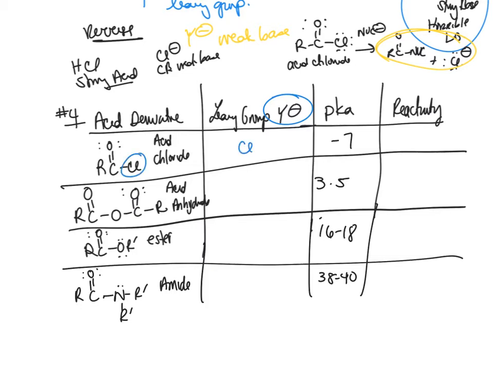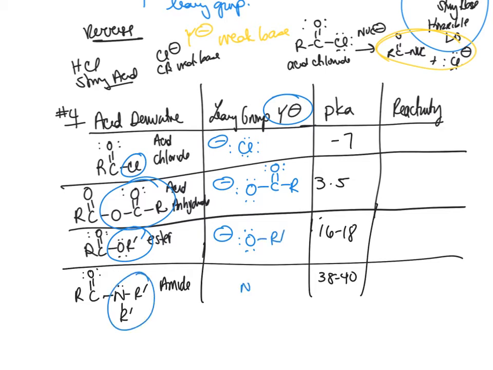So here it's the chloride, and it takes the electrons. Here it's the acid anhydride that takes the electrons. Here is the ester. Here it is the amide. And notice it takes the pair of electrons. Based on the pKa values given, which group is the most basic?